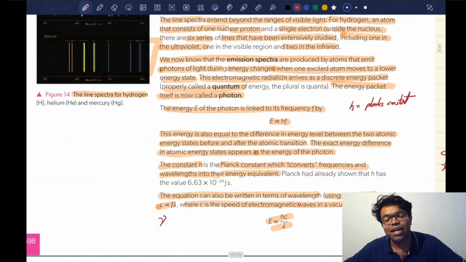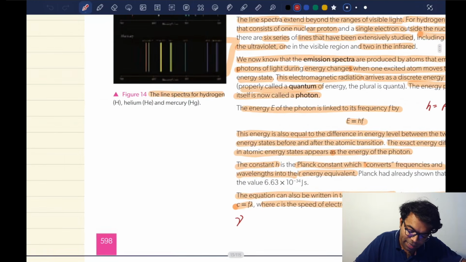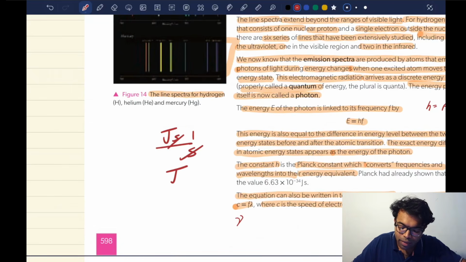Now, what is the SI unit of frequency? The SI unit of frequency is per second, or hertz. So if you multiply joule second with 1 upon second, you will get joules, and energy is always measured in joules.